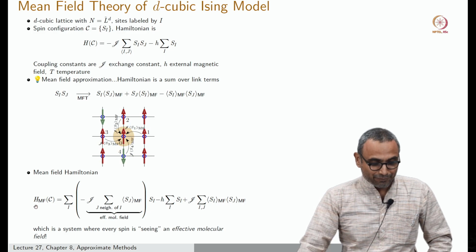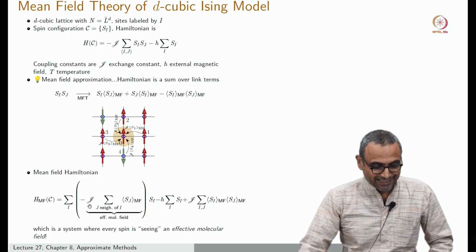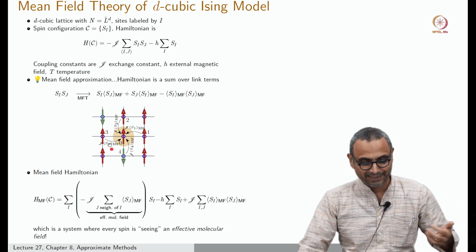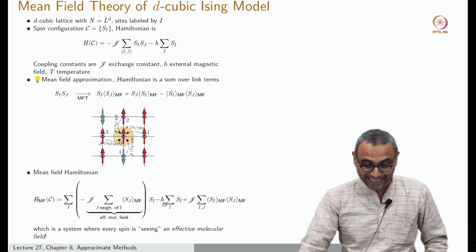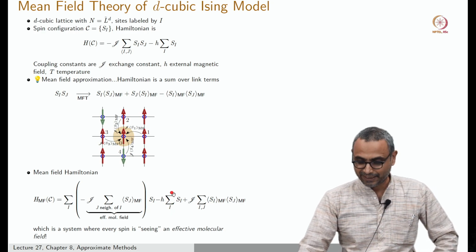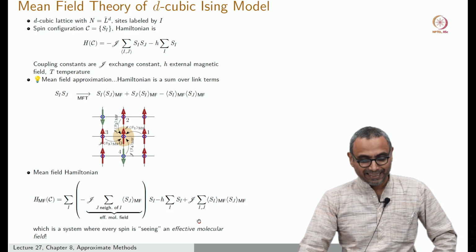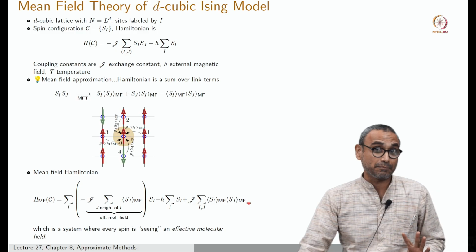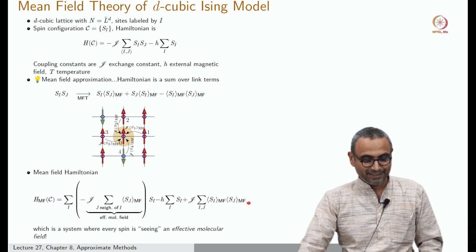All right. So, what do we have here? We have this effective molecular field which is being seen by the spin while it is sitting in this lattice. There is the external field, we are not touching that term, it is just coming along for the ride, we have not done anything with it. And then there is this term which is a set of numbers, remember we do not know what these numbers are yet. Okay.